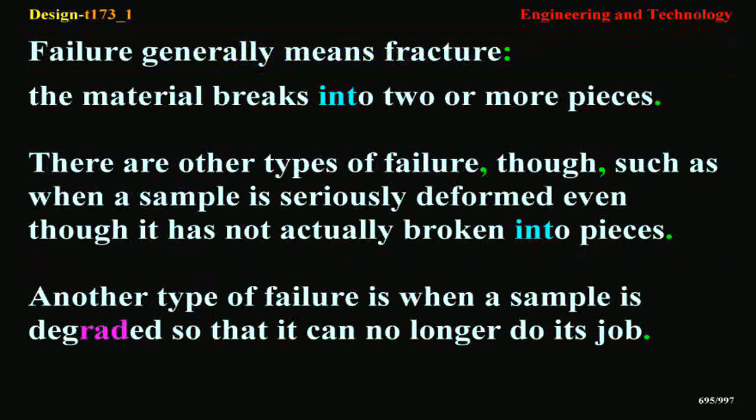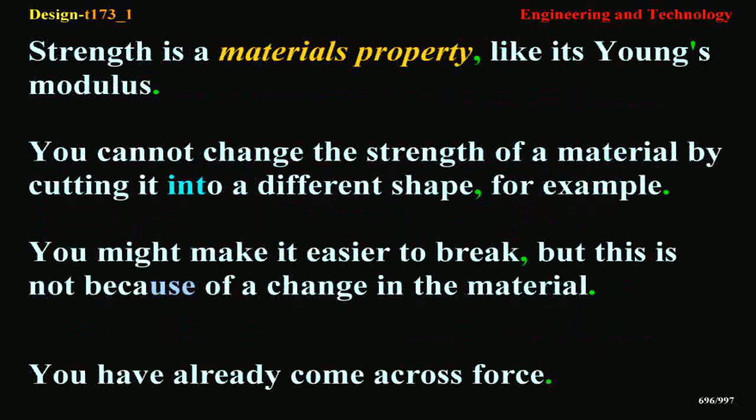Another type of failure is when a sample is degraded so that it can no longer do its job. Strength is a material's property, like its Young's modulus. You cannot change the strength of a material by cutting it into a different shape. For example, you might make it easier to break, but this is not because of a change in the material.